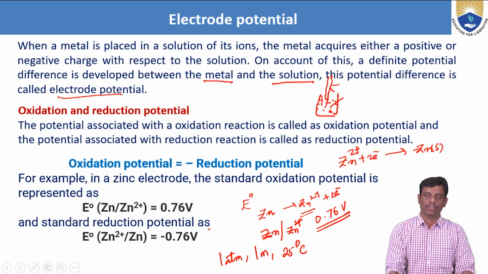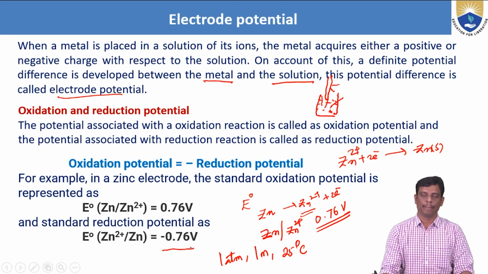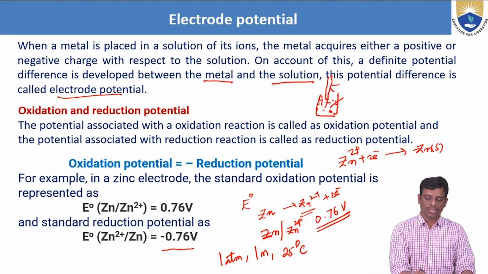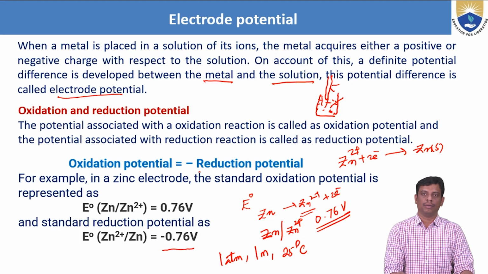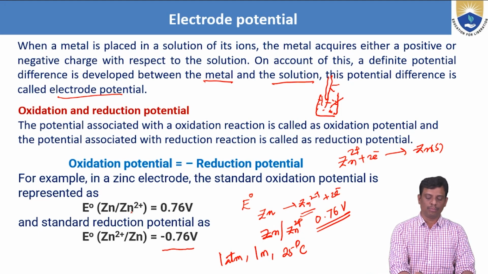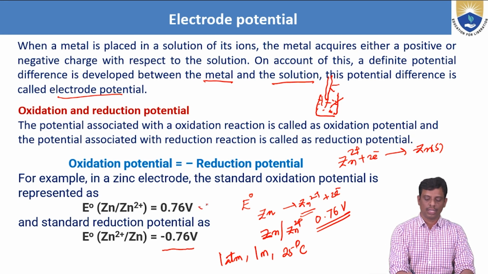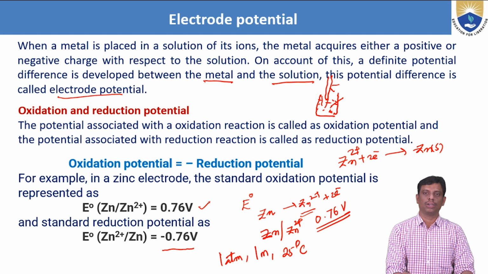Due to the reduction, the potential is minus 0.76 volts. That is the reason the oxidation potential is always minus the reduction potential. So the oxidation potential of the zinc electrode is 0.76 volts, and the reduction potential is minus 0.76 volts.